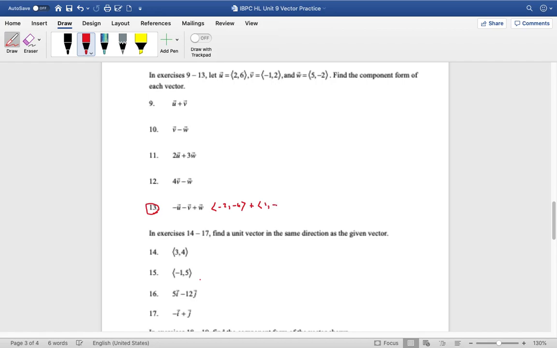Subtraction is the same as addition of the opposite. And then plus w. And if I did my math right, I got 4, negative 10 out of that.